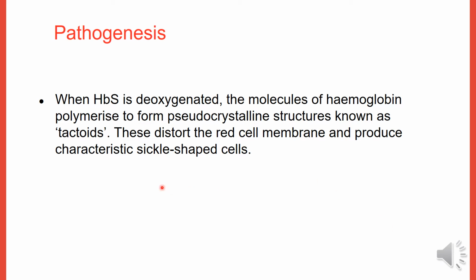Pathogenesis of sickle cell anemia. When HbS is deoxygenated, the molecules of hemoglobin will polymerize to form paracrystalline structures known as tactoids. These tactoids will distort the RBC membrane and produce characteristic sickle-shaped cells.